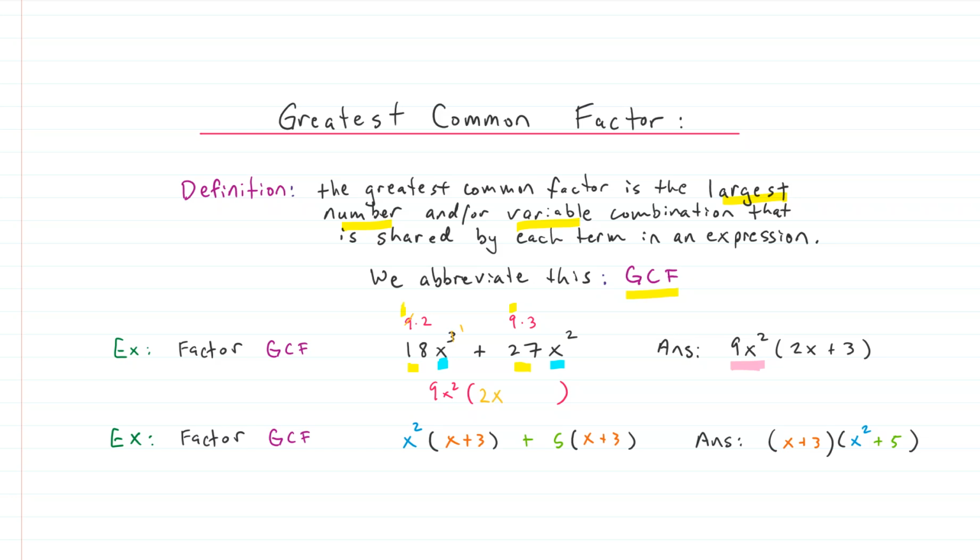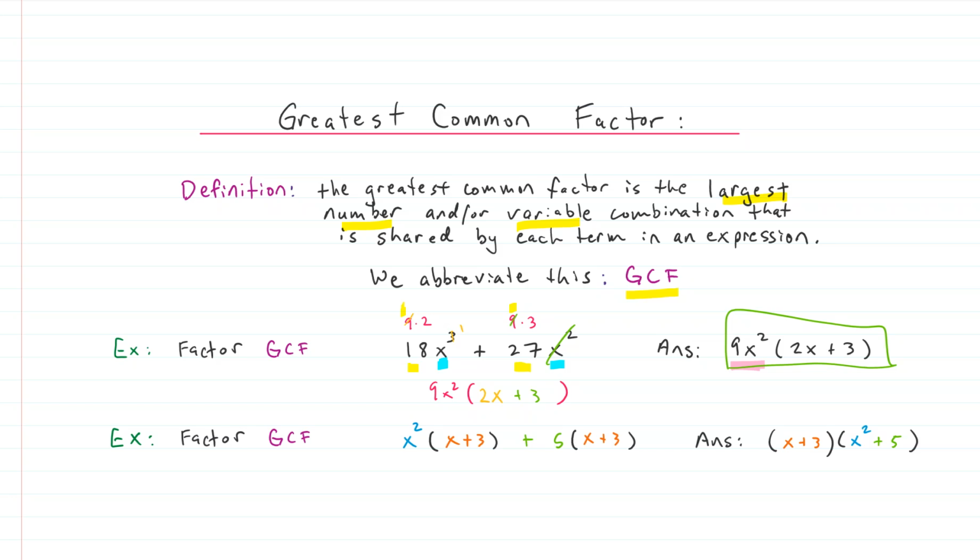And what about 27x squared? Well, we pulled out all of the x's, both of them, and we pulled out the 9, so all we have left is 3. So that's really all we have. When you pull out the greatest common factor, which is 9x squared, you're left with 2x plus 3 in parentheses. So our answer would be 9x squared times the quantity 2x plus 3.